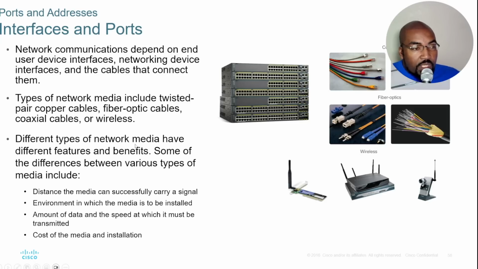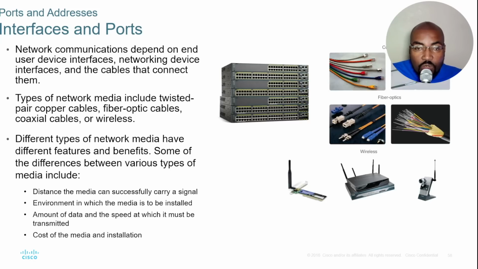Different types of network media have different features and benefits. Some of the differences include the distance the media can successfully carry a signal. Fiber optics use light to move those ones and zeros. Other differences are the environment and the cost of the cabling.